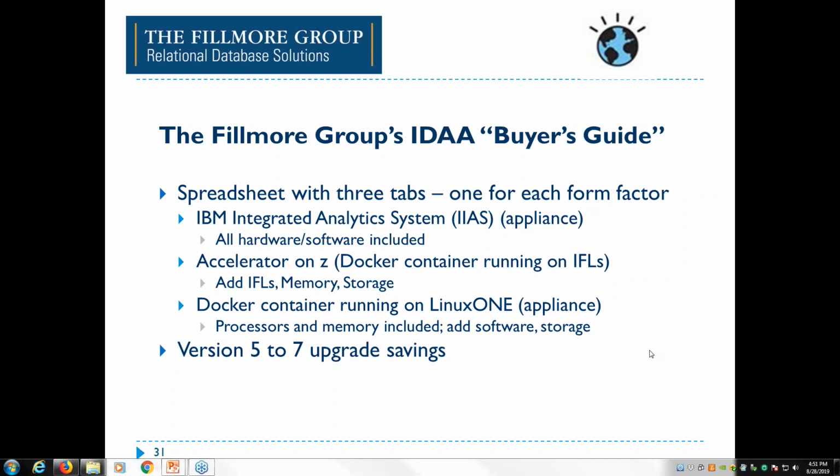If you decide to go with the Linux One model, you're going to have to add in the software and the external storage and the Linux One, which contains the memory and the processing capabilities. So that's what the spreadsheet is intended to do.